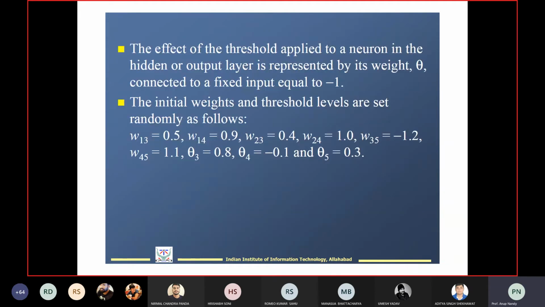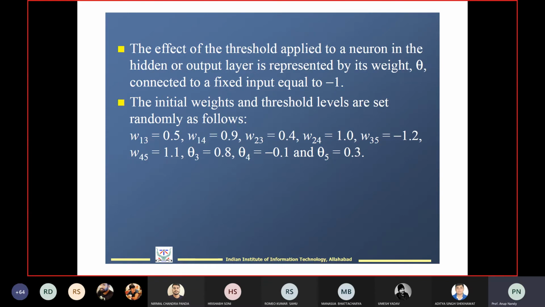So now the effect of the threshold you can apply to a neuron in the hidden layer or output layer, and it is represented by its weight theta, connected to the fixed input equal to -1. Now the initial weights and the threshold levels are set randomly.